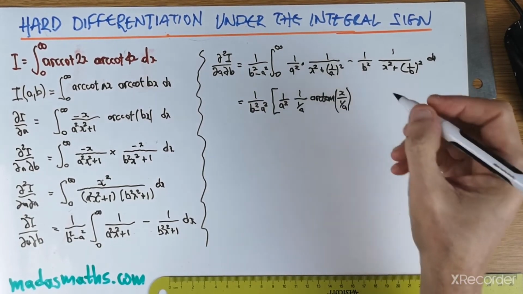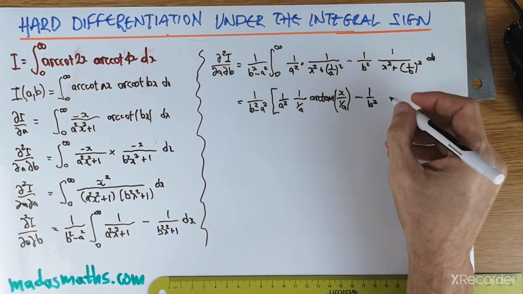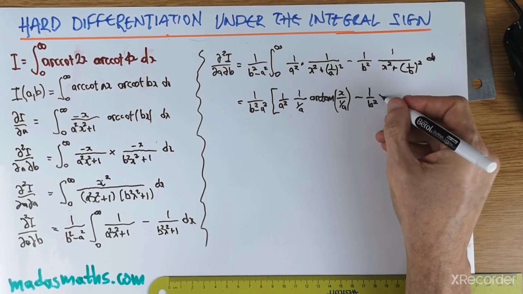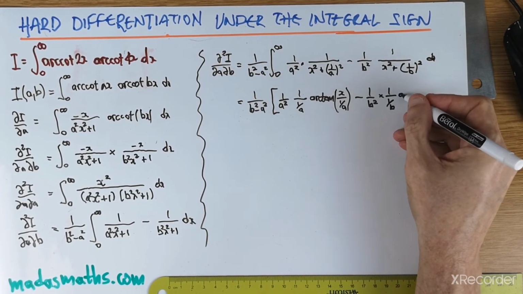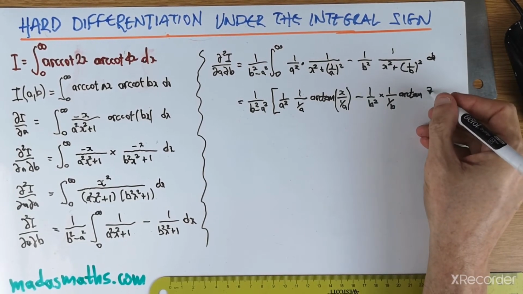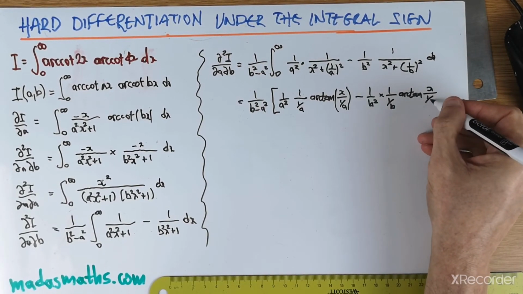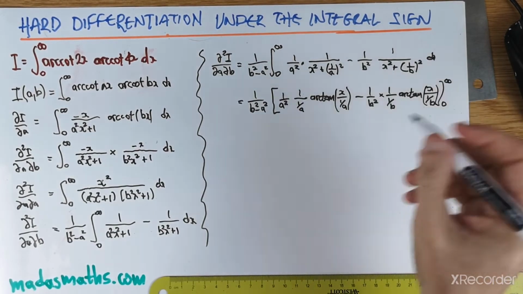That's the argument of the arctan, and symmetrically again 1 over b squared. This arctan will go 1 over b, and we have the arctan of x over 1 over b. Let's do a little bit of a tidy before we put any limits.